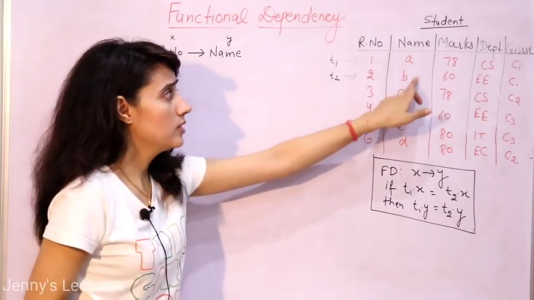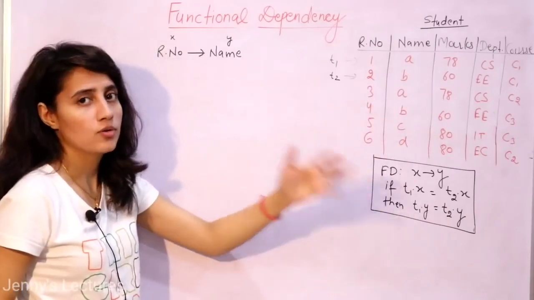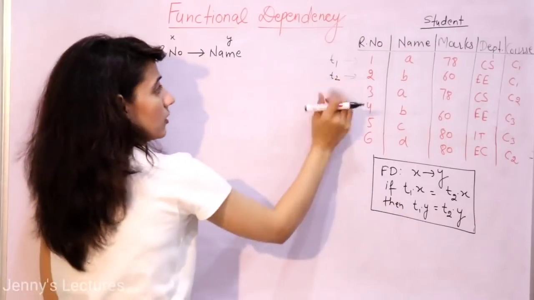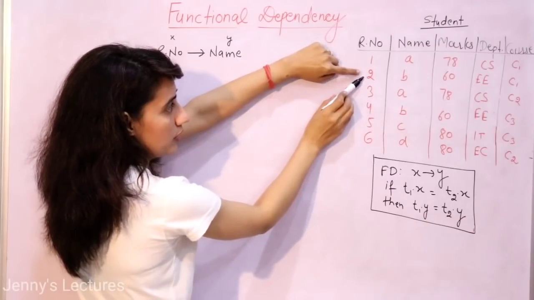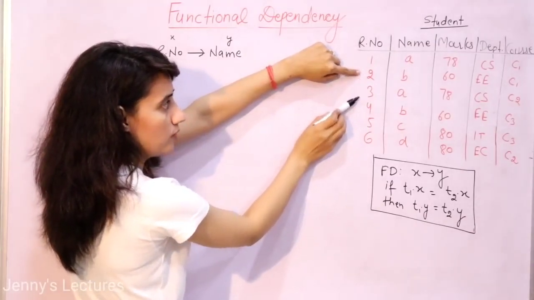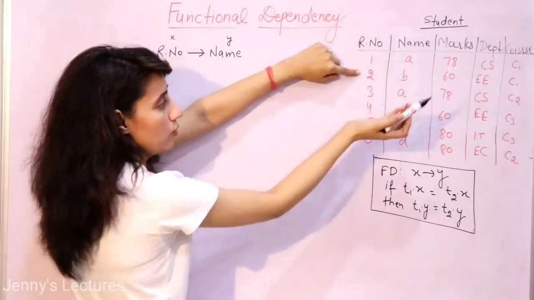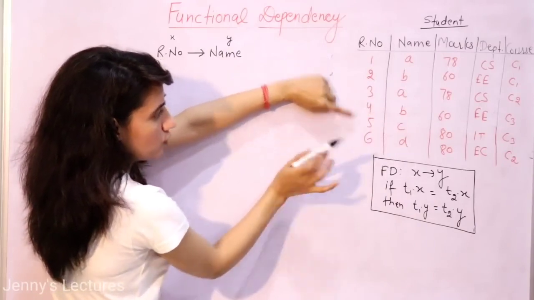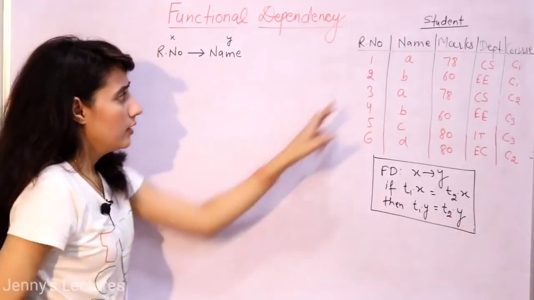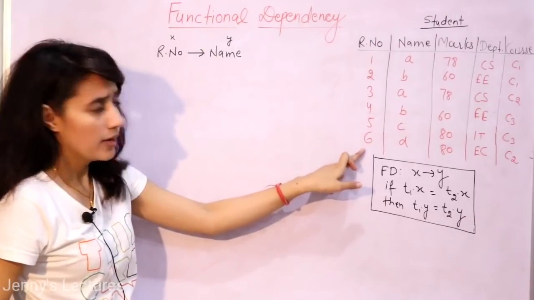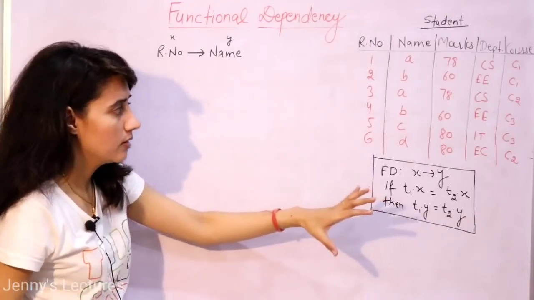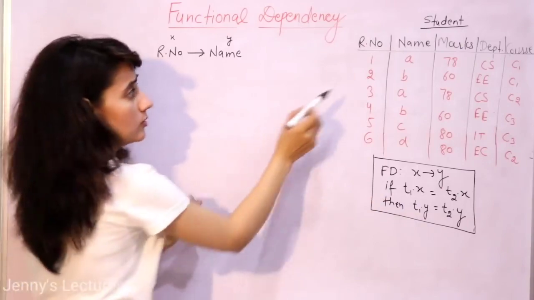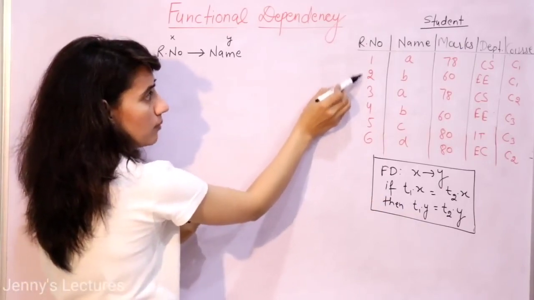The value of name may be the same or not, I don't care, right? Now suppose this is tuple t1 and t2. Here t1's value of x is 2, here we have 3. So no need to check the value of y. The same for this, this and this. Now you can say there is no repetition. By looking at this database I can say that in roll number I don't have any repetition, right? So no two tuples will have the same roll number value.